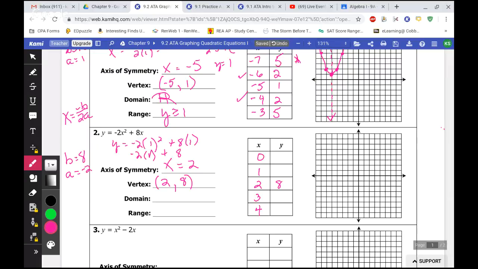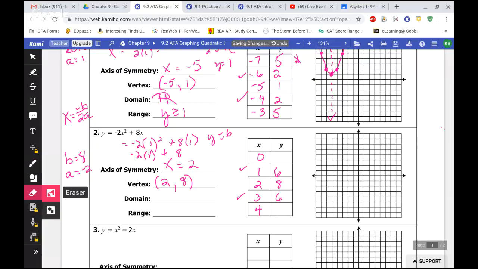So -2 plus 8 is 6. So if you had to guess, what do you think the y coordinate for the 3 is? 6. No stopping you today, Kennedy. You are on fire. You got this symmetry thing figured out, don't you? Probably not quite, but I know how to look at numbers. Yay, you're doing great.